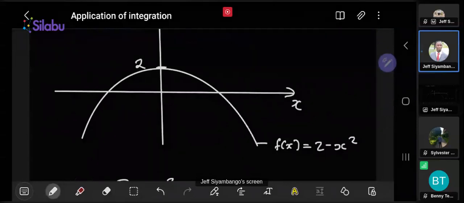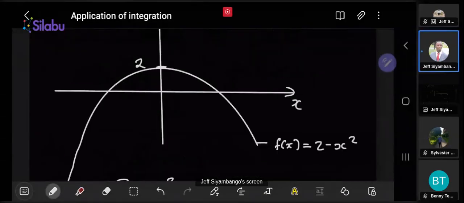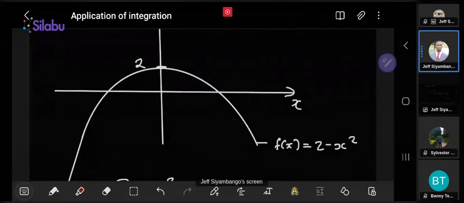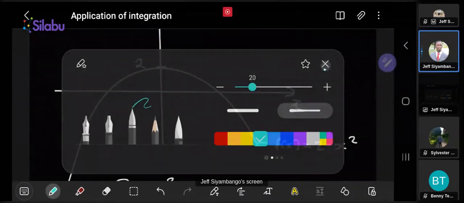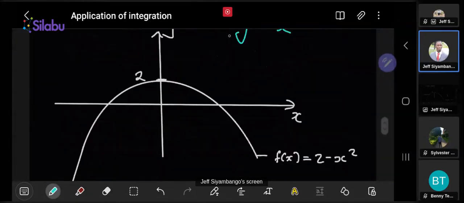The second part, we have g of x is equals to x. So for g of x is equals to x, what do we have there? I'll use this color. We know to say this graph, look at it as y is equals to x. We know that it's a straight line that cuts through the origin and slants upwards.